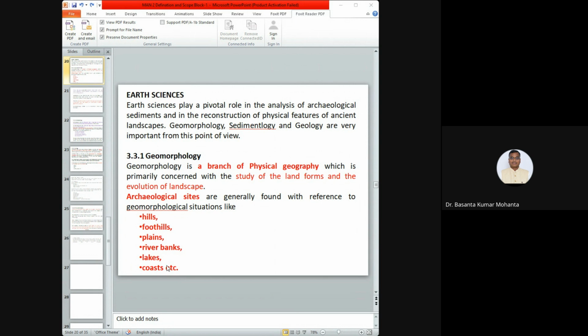They used to depend on those river bodies. So prehistoric people were living close to these river banks to get water and the animals for hunting easily.